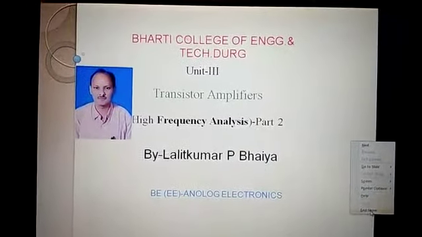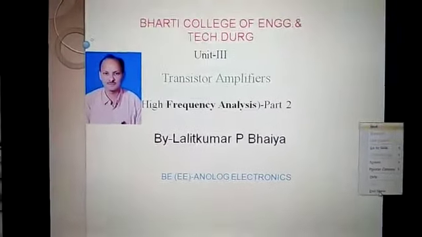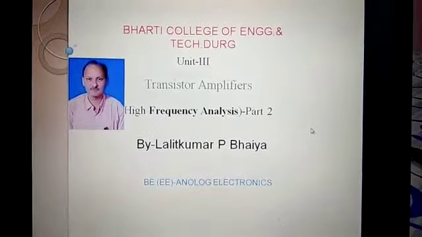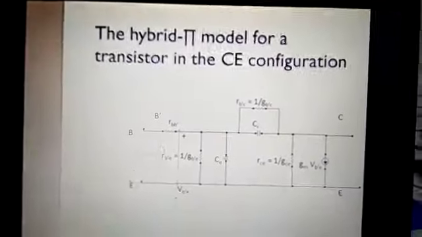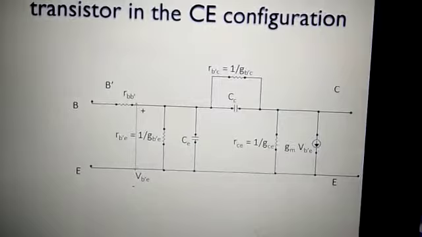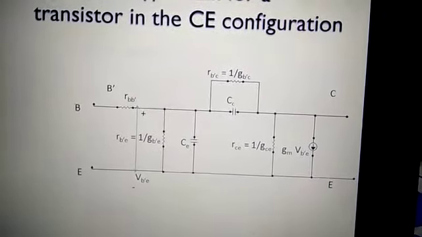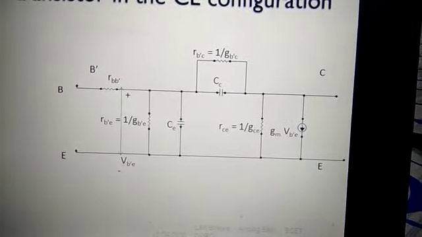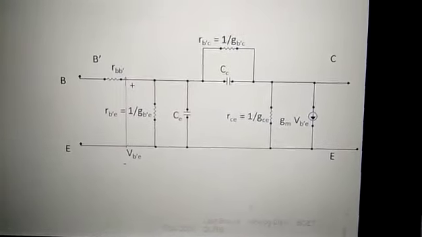Whatever we have seen, I will review within a minute here. We have seen this transistor at high frequency. In this model, RBB' is called the base spreading resistance, RB'C is the base to collector resistance, and RCE is the output collector to emitter resistance, in terms of conductance, and capacitances.